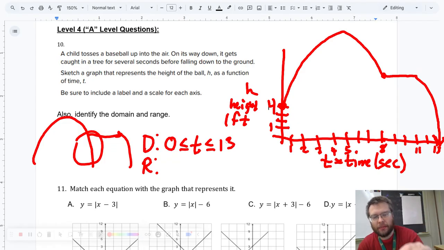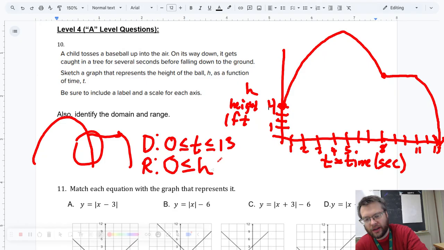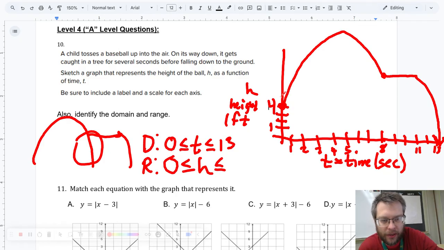I can see that the ball hits the ground eventually, so I can say 0 is less than or equal to h. I need to make up a maximum possible height. If this is 4, then we can keep counting: 5, 6, 7, 8, 9, 10, 11, 12, 13, 14. So we'll say about 14 as the maximum height.